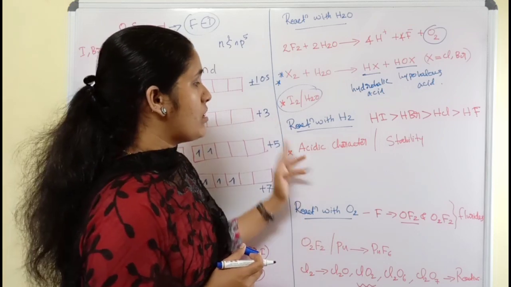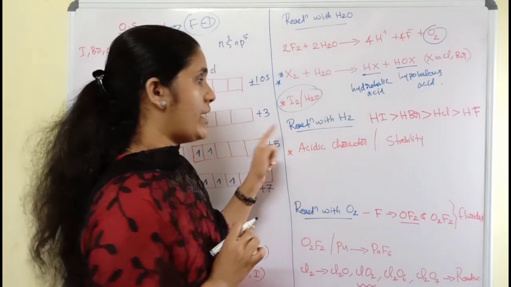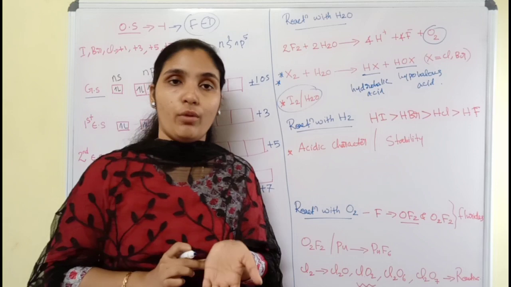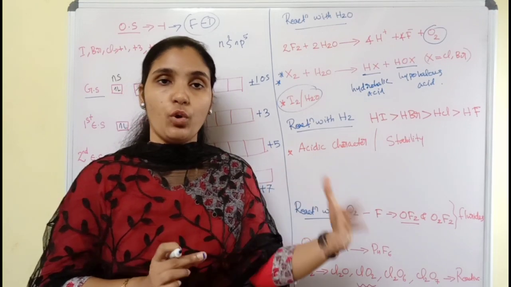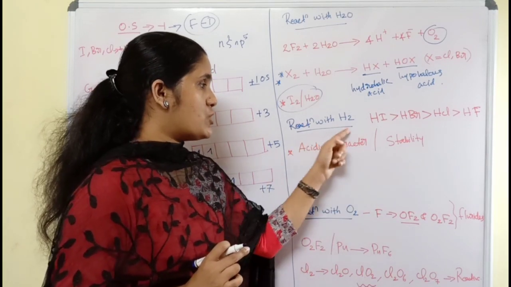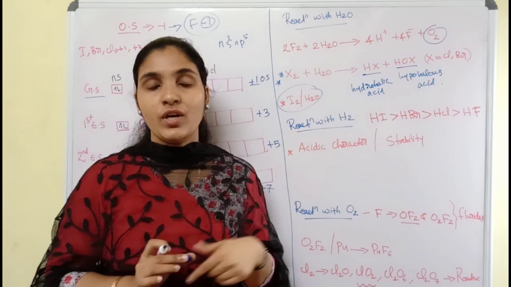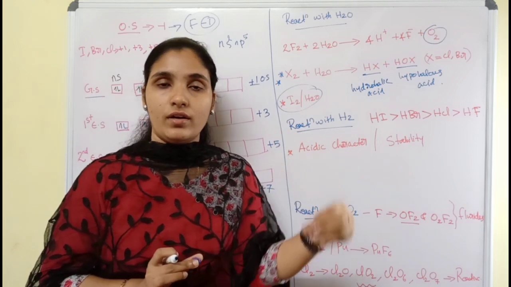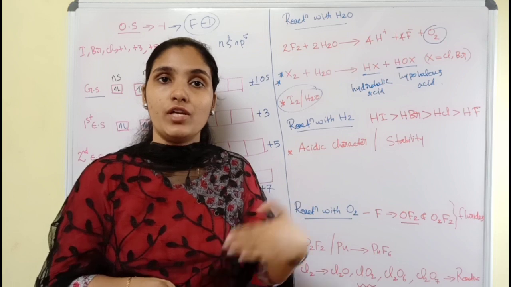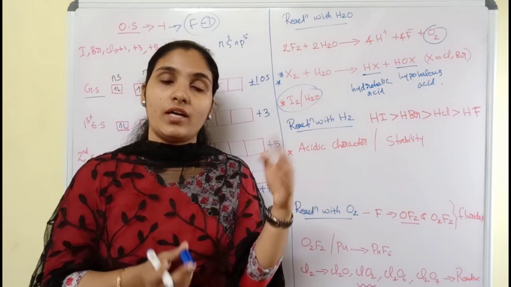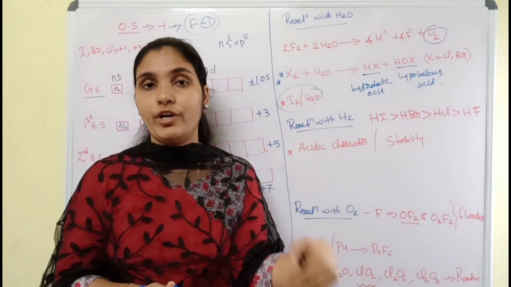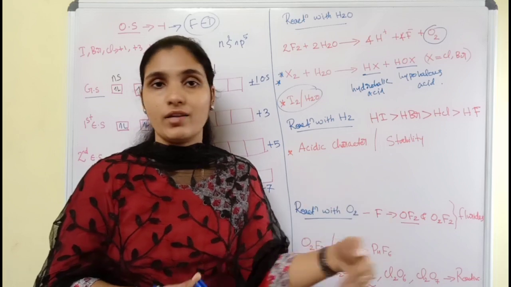And the next chemical reaction is the reaction with hydrogen. This is a very common reaction, and we know what happens when hydrogen reacts with a halogen. Halogens always have greater affinity towards hydrogen, but that affinity decreases in the order fluorine, chlorine, bromine and iodine.